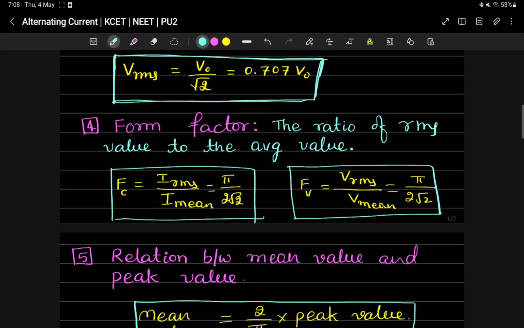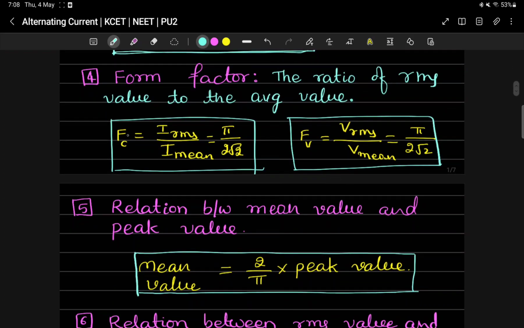Then we have form factor, the ratio of the RMS value to the average value. The form factor of current is given by I RMS divided by I mean. In the same manner, the form factor for voltage is V RMS divided by V mean. Here RMS value by mean value, here also RMS value by mean value. That is equal to π divided by 2 root 2.